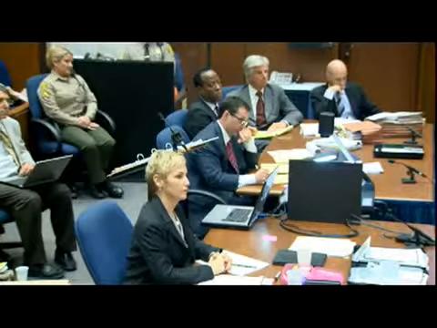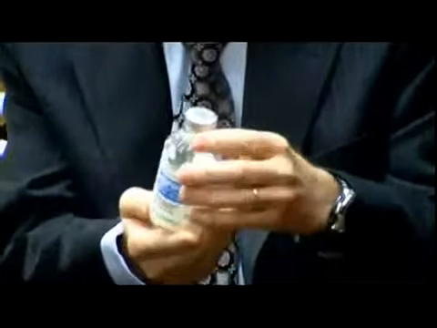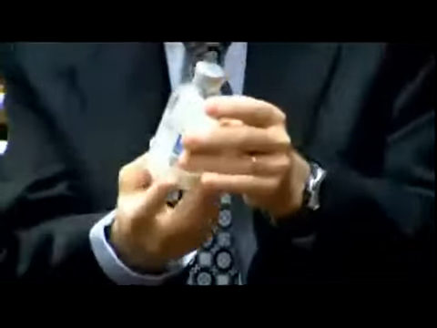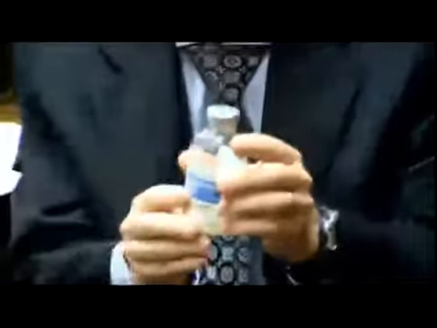So this is a vial that would contain 100 milliliters, or 1,000 milligrams of propofol. This vial is made out of glass, and the propofol in it is sterile when it's provided, which means there's no bacteria in it.